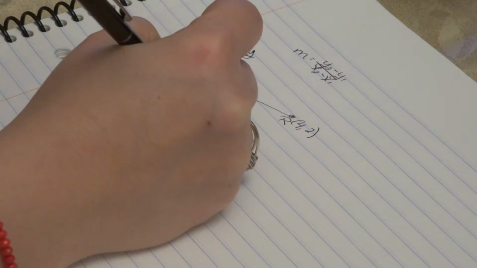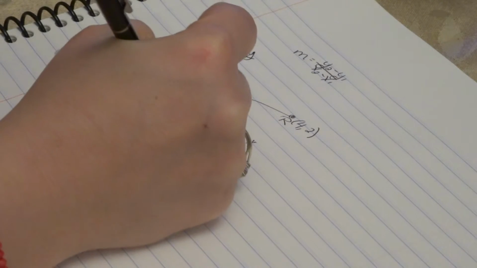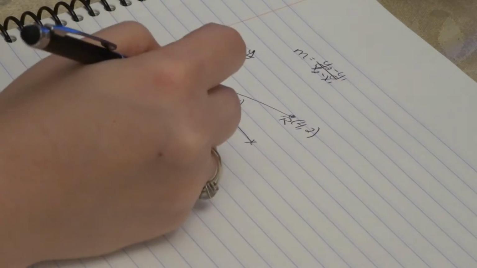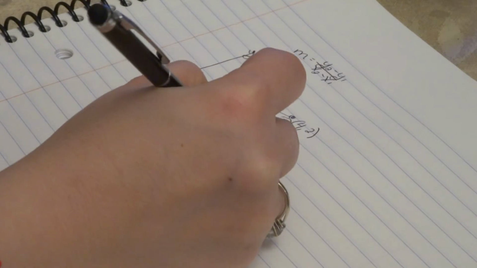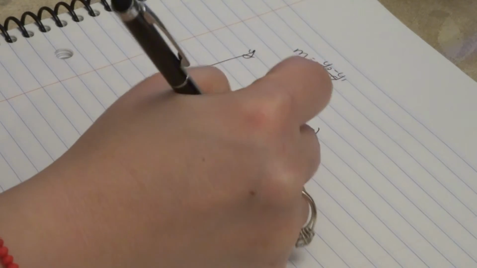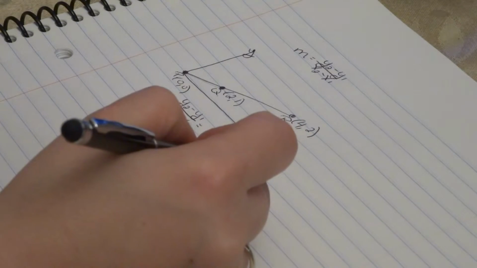We want the change in y, y2 minus y1, divided by the change in x, or x2 minus x1. So for PQ, it's going to be 1 minus 0 divided by 2 minus 0, or in other words, 1/2, or up 1 over 2.